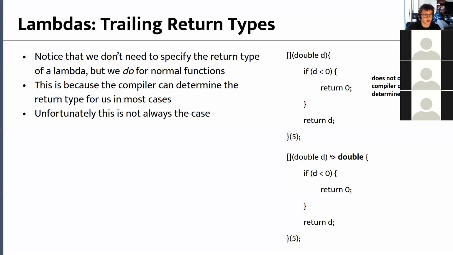You can just do the little arrow after the parameters and specify the return type. And from there, the compiler will be able to tell, okay, cool. In both of these cases, we're returning a double. I'm happy with that. And then it can do the rest of its type checking like C++ normally does. Works. Great.